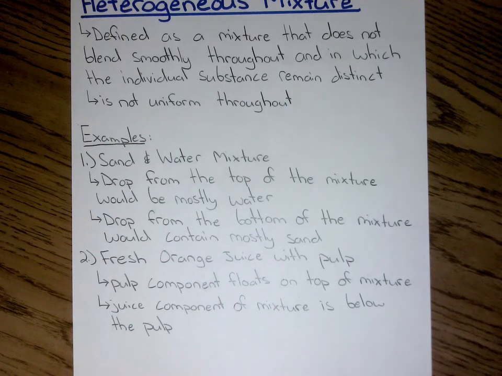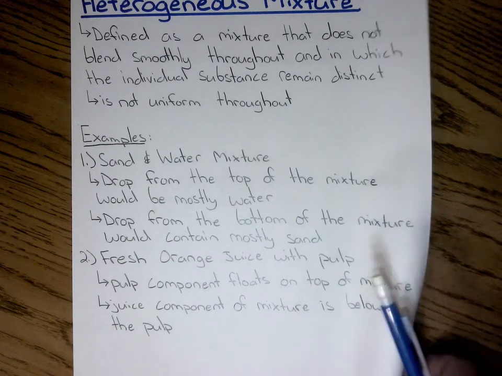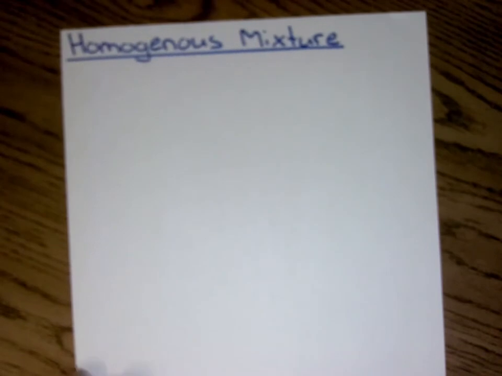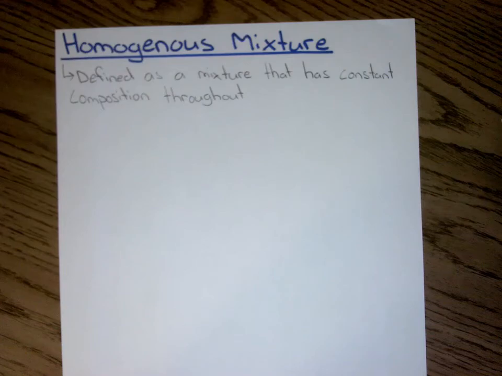Now, the other category of mixtures we have are homogeneous mixtures. Homogeneous mixtures are defined as mixtures that have constant composition throughout. What this means is that a homogeneous mixture only contains a single phase of matter throughout the entire mixture.